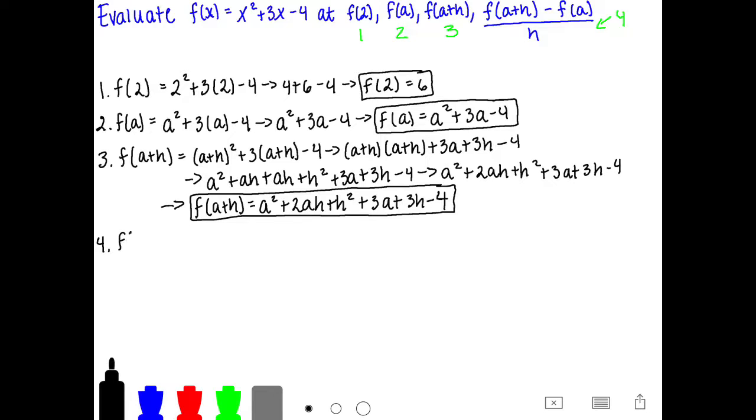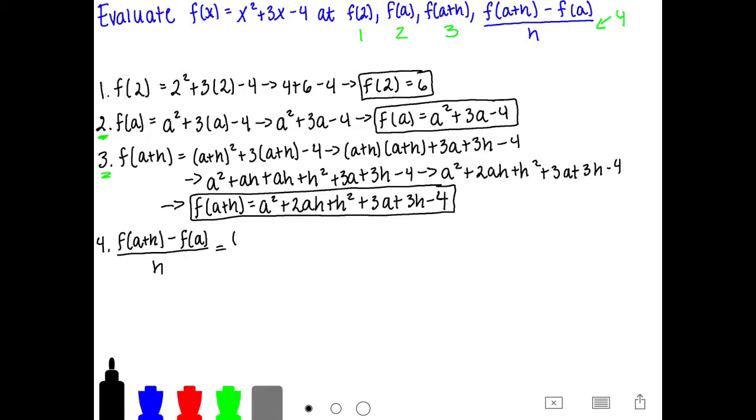All right, on to number 4. You have f of a plus h minus f of a, all over h. And we already solved for f of a plus h and f of a in the previous problems, numbers 2 and 3. So all you have to do is just plug in what we got for 2 and 3 and solve from there.